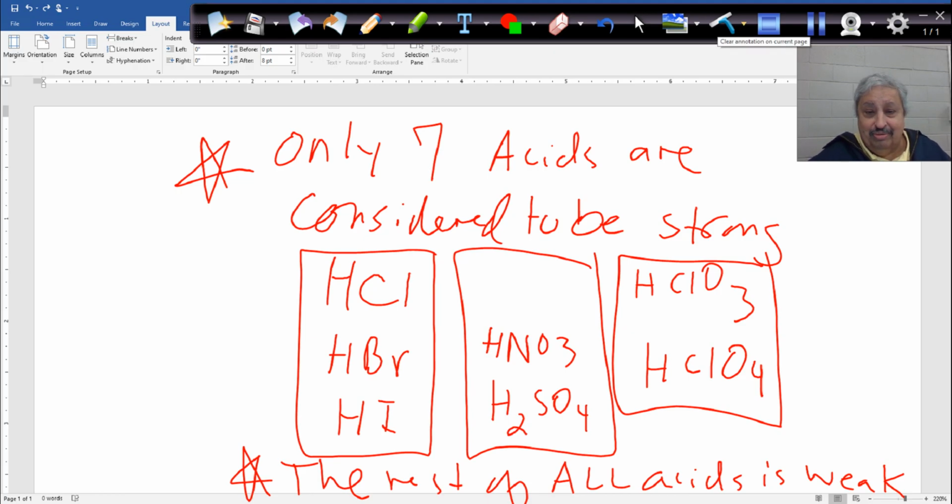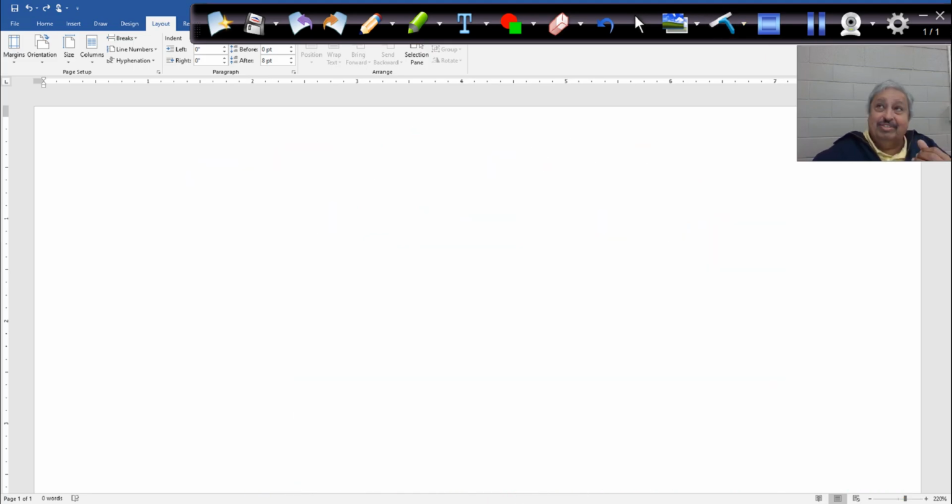Let's take this one out. Everybody has it? So now the bases: group 1 and group 2 are strong. All the rest of the groups in the periodic table form weak bases.